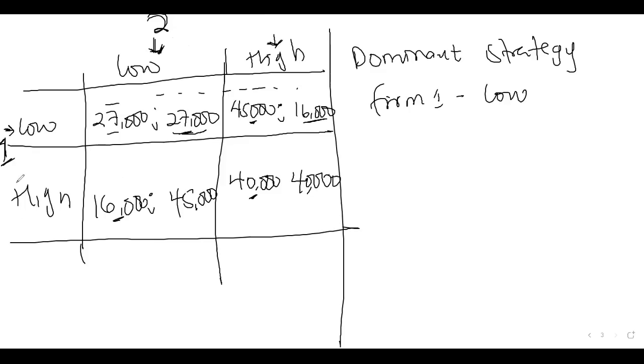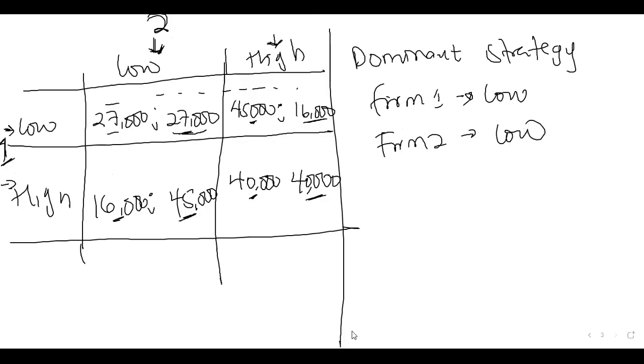If you also hold firm one at high, still the best response for firm two is to play low because 45,000 is better than 40,000. So no matter what firm one plays, firm two is better off playing low. That means that the dominant strategy for firm two also is low.